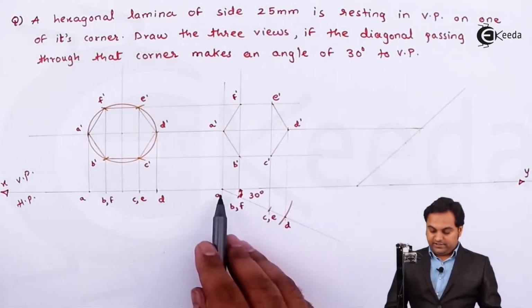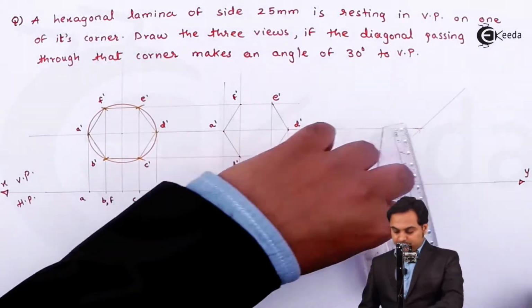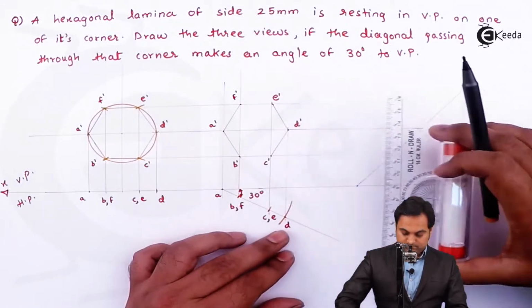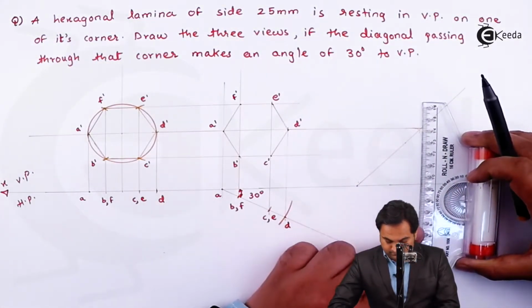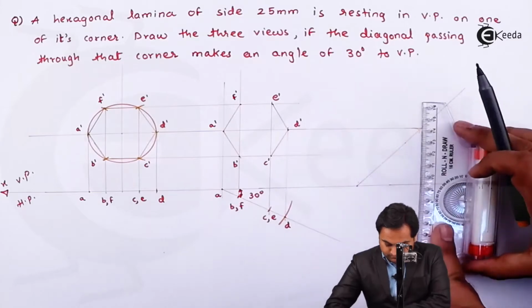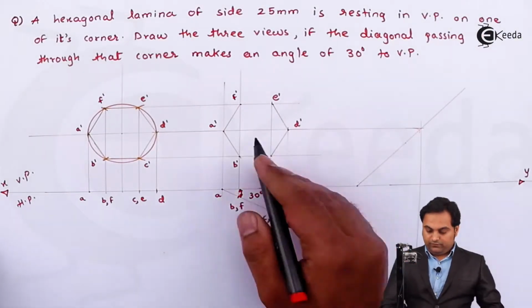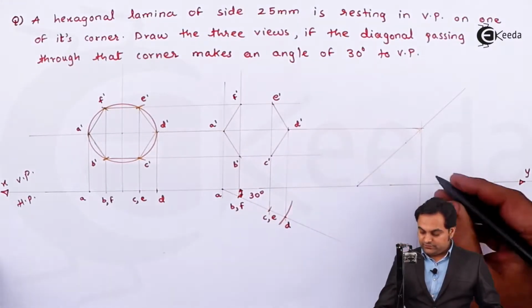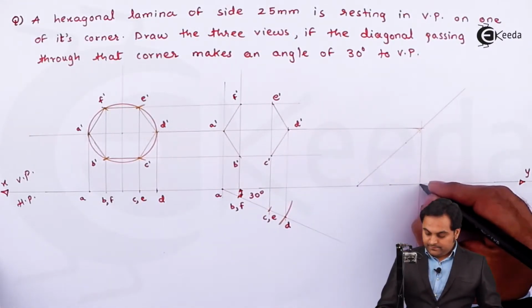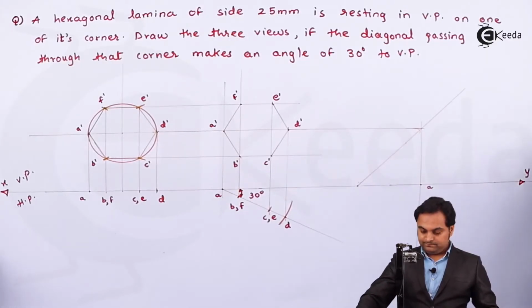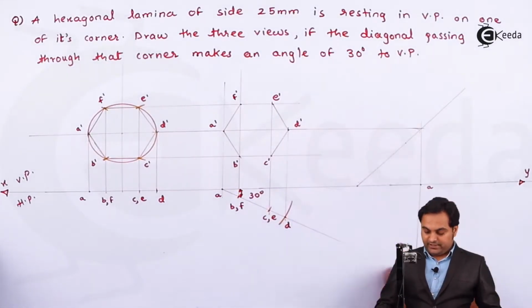So here there is A dash and point A is on the XY line. So where A dash and A, which is on the XY line, intersect, that will give me the point A. Next, D dash and D.